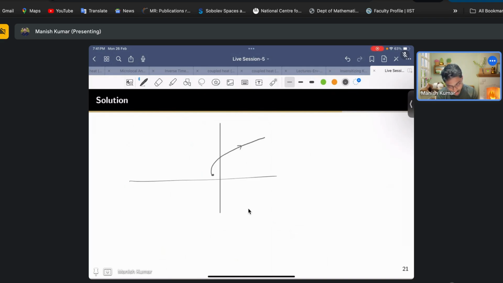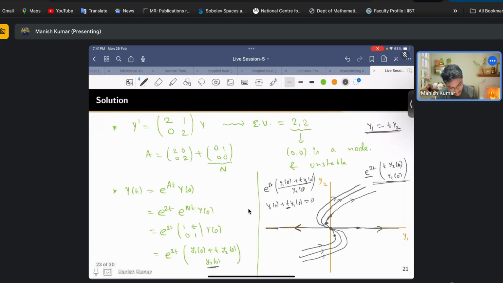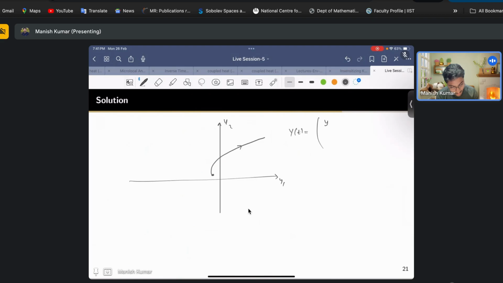Why? Because you see y1, y2, and the solution y(t) is given by y10 plus t times y20, and here you have y20, times e^(2t). My claim is that it is cutting the y2 axis, that is, the first component is becoming 0 here, right?